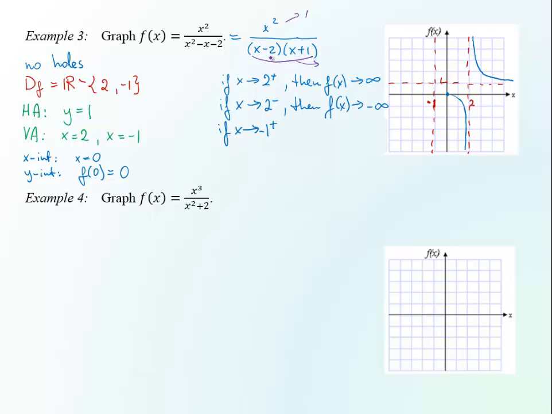However, that bracket approaches -3, so this very small positive number times a negative constant approaches 0 from the negative side. So f of x actually approaches negative infinity. Therefore, the graph will probably go like this.